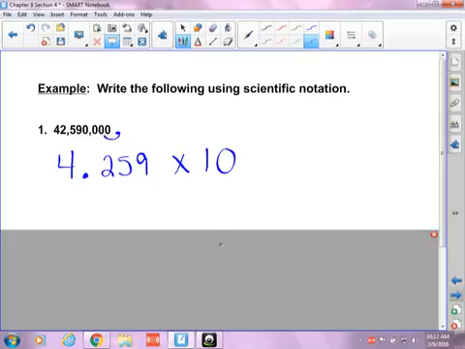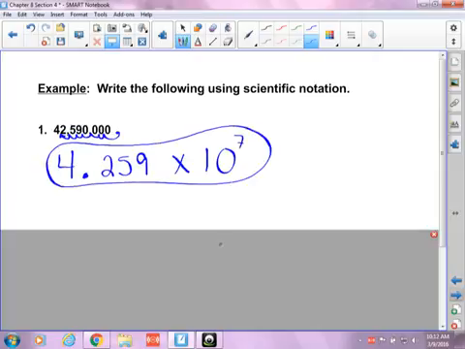So I moved it 1, 2, 3, 4, 5, 6, 7, right? So I'm going to put a 7 up here, and I'm done. That's it. All the exponent above the 10 does is tell you how many places you move that decimal. And I like to do those little loopy things, because that helps me count.